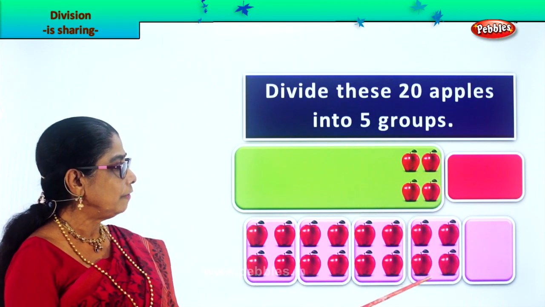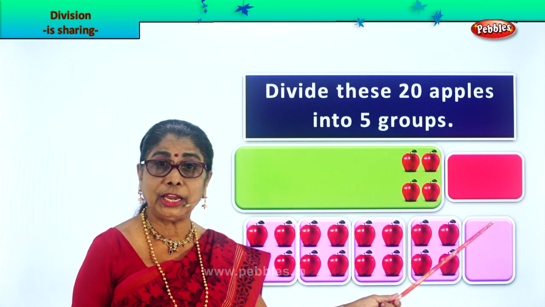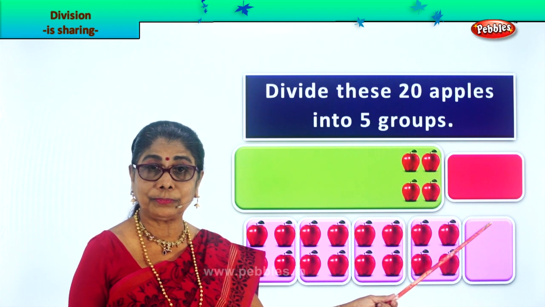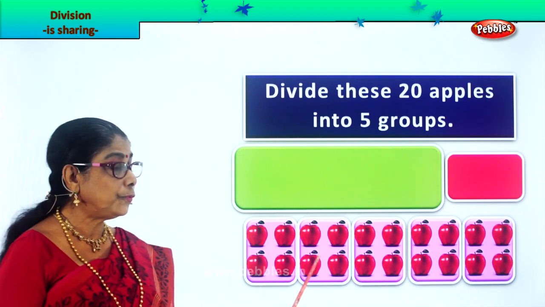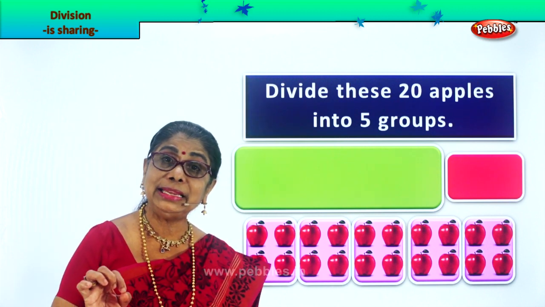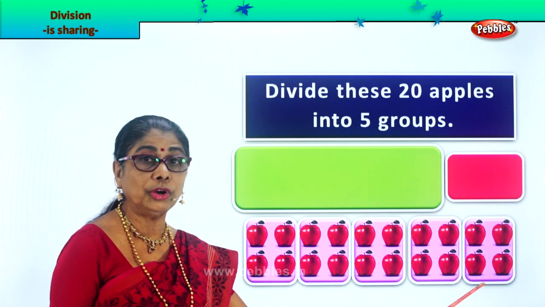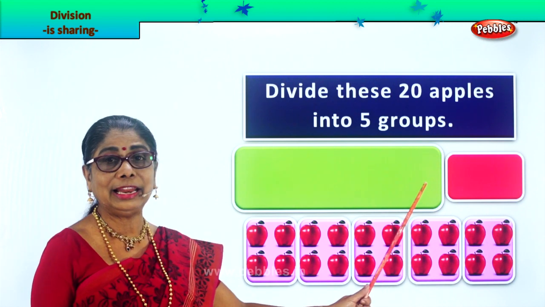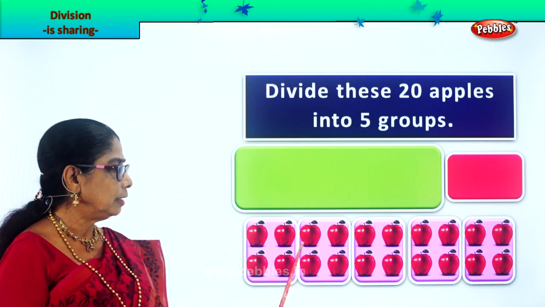Look. Finally, we are left with 4, and that 4 goes into the last tray. Good. So we have now placed 4 apples in each tray, and all the 20 apples have gone into the trays, nothing left over.